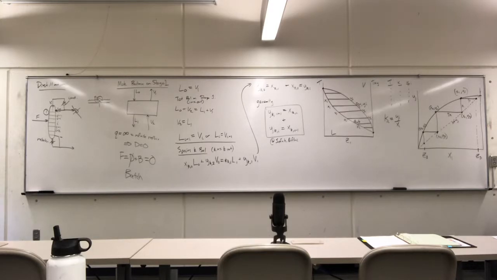So the distillate, the more volatile species, so this here is the total composition of species 1 at the top of the distillation column. This is the composition of species 1 at the bottom of the column.